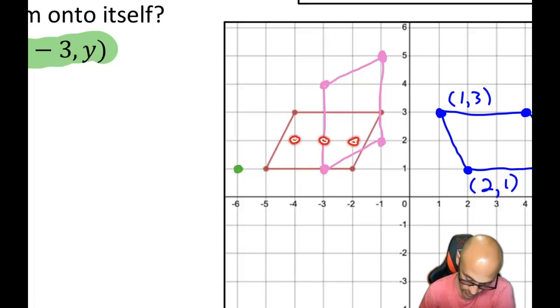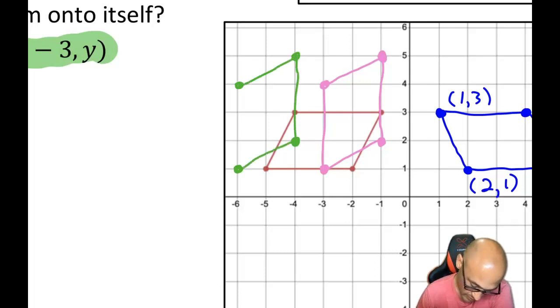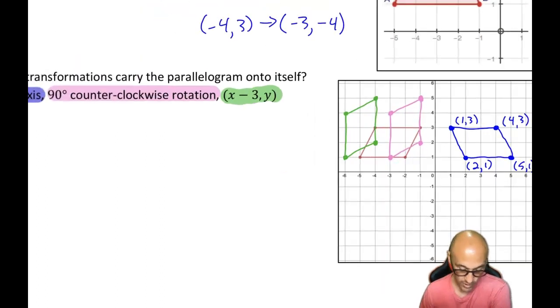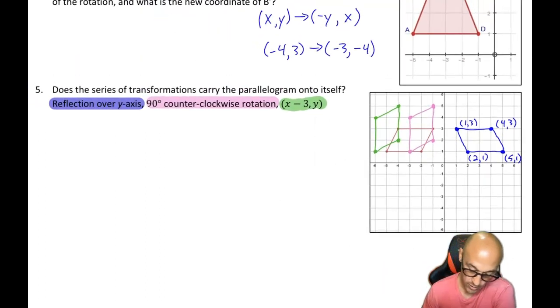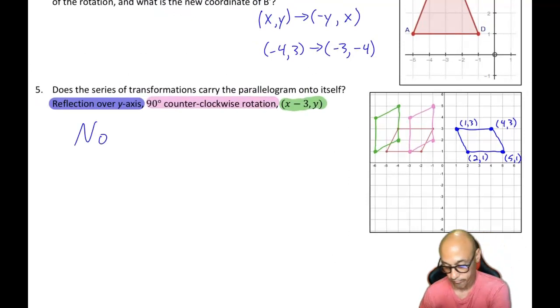That's going to be -4, 2. 1, 2, 3. And the last one right there. And we can connect those. And so that is our final transformation. Is the parallelogram carried onto itself? No.